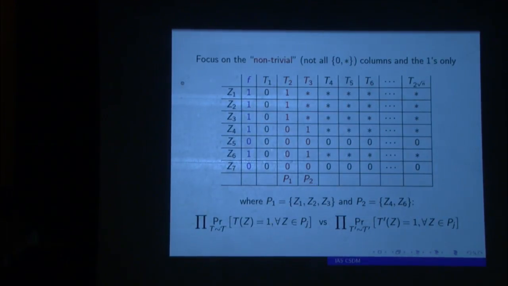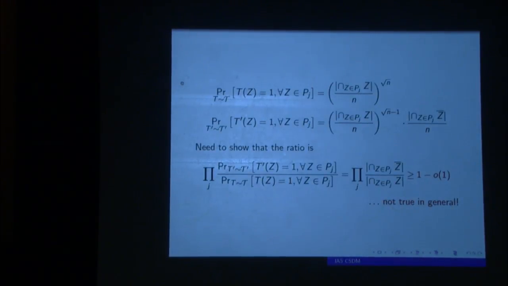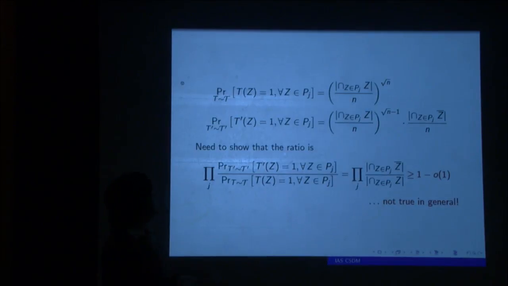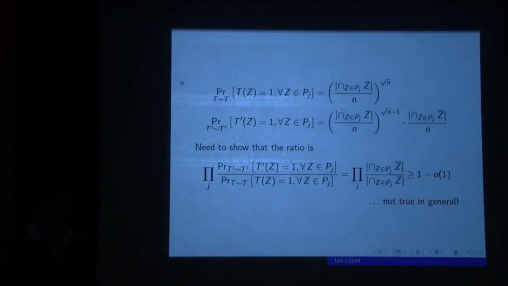Okay. Now these probabilities are really easy probabilities. We can write down explicitly what they are. For example, what's the probability that all the strings in PJ satisfy a random term? Just take the intersection of the common 1 entries, divide that by n, and take the power to the root n.